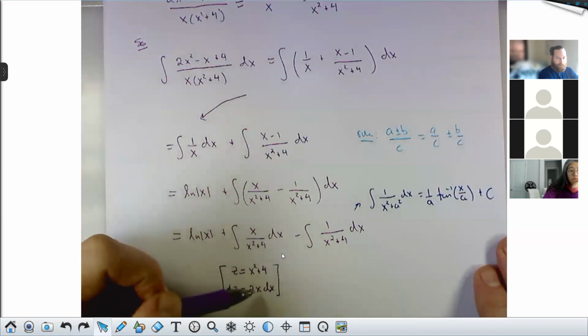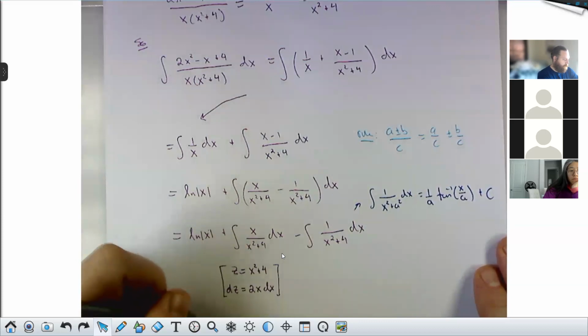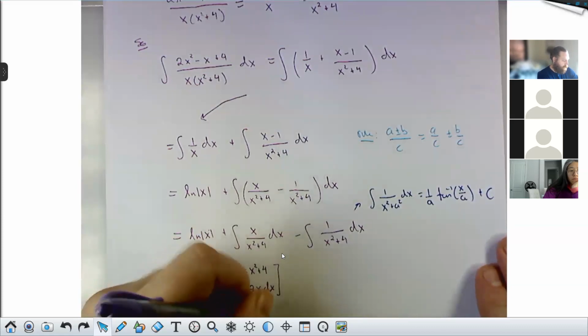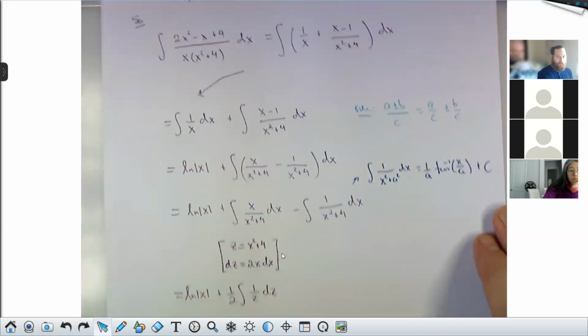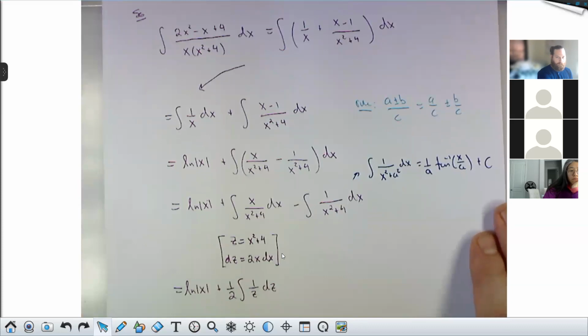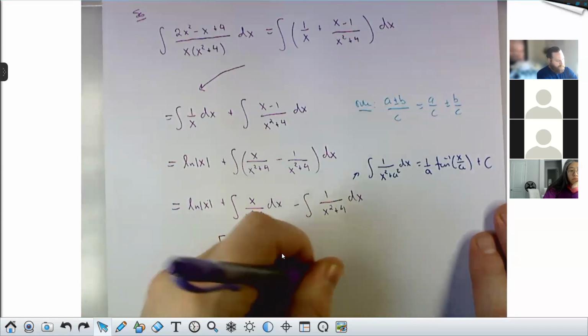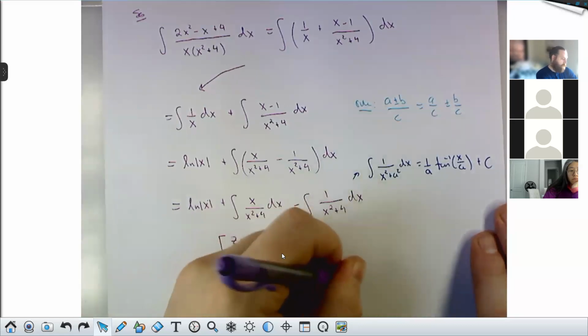That is going to be dz over 2. So what we get is the natural log absolute value of x plus 1/2 the integral of 1 over z dz. That's the middle integral after that substitution. Minus 1/2 inverse tangent of x over 2.